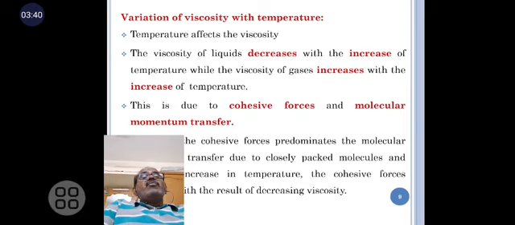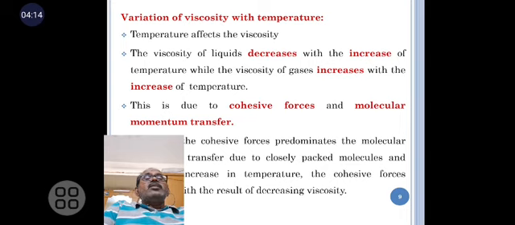The variation of viscosity with temperature. The temperature affects the viscosity. The viscosity of a liquid decreases with increase of temperature, while the viscosity of a gas increases with increasing temperature, because of cohesive force and molecular momentum transfer. For liquids, cohesive forces predominate over molecular momentum transfer because of closely packed molecules.